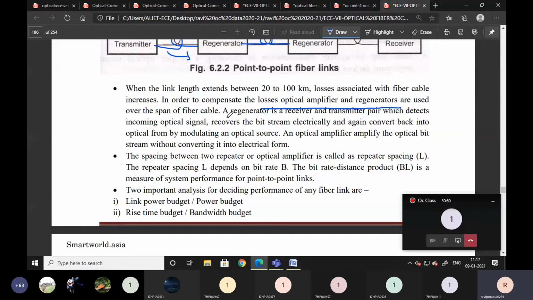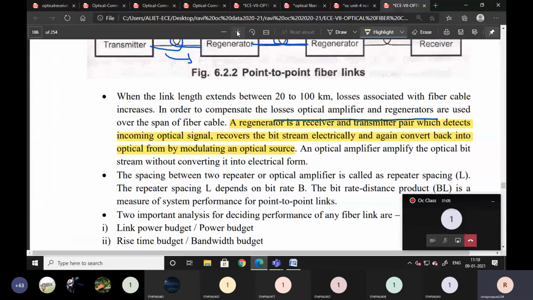This you can write. I am highlighting this one. What is a regenerator? Up to now you can write.